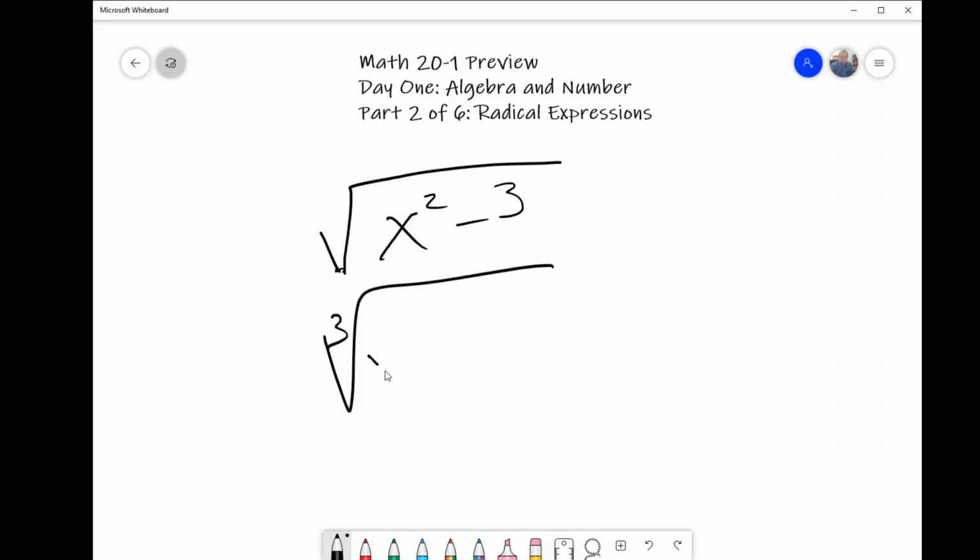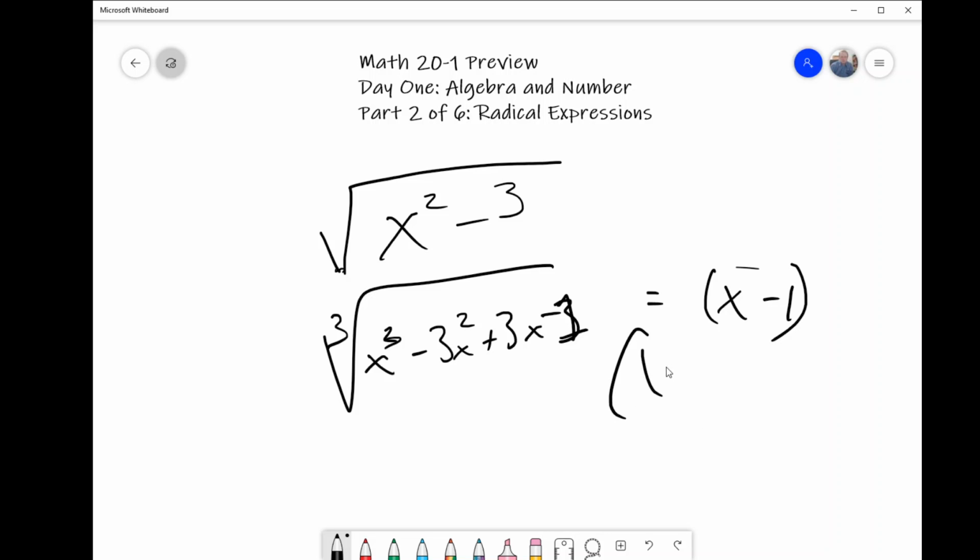Now, in some cases, we'll actually be able to do something with them. So say x cubed minus 3x squared plus 3x minus 3, actually, not minus 3, that should have been a minus 1, would get us to x minus 1.